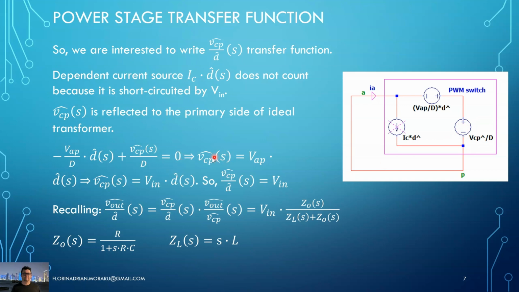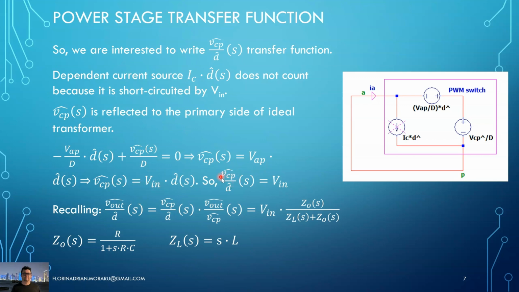Then simply by algebraic manipulation, we extract VCP hat of S, which is VAP times the D hat of S, but we know the identity that VAP is actually the input voltage.